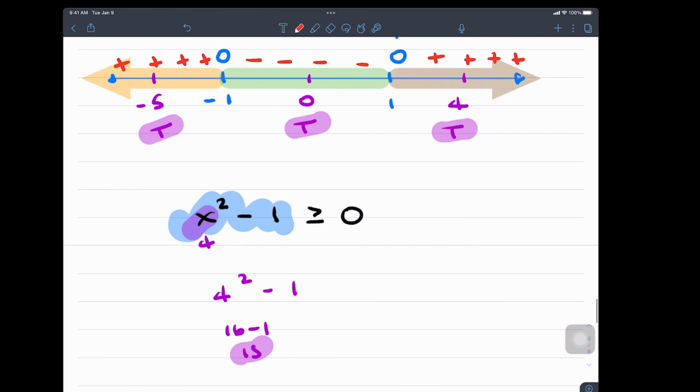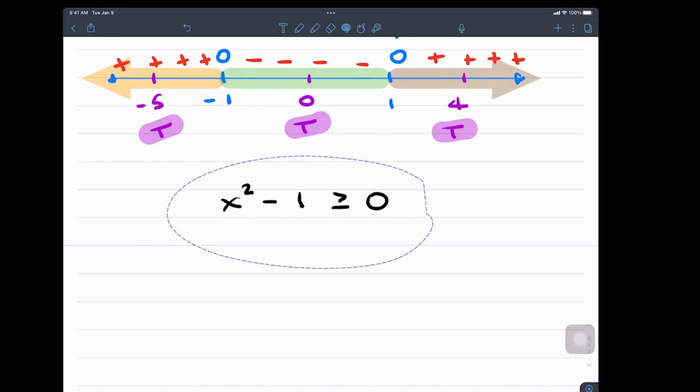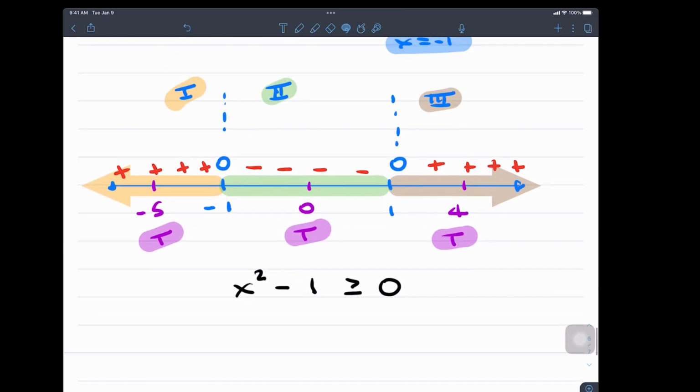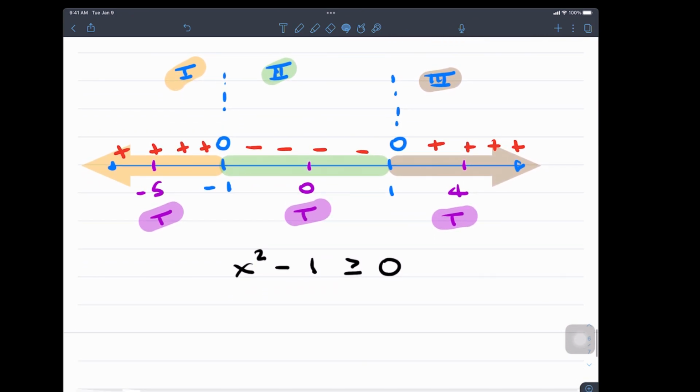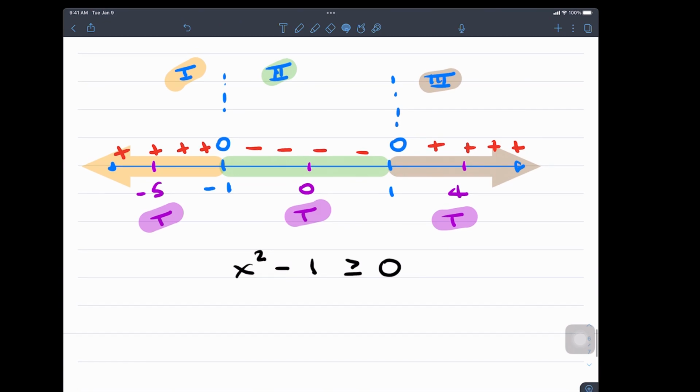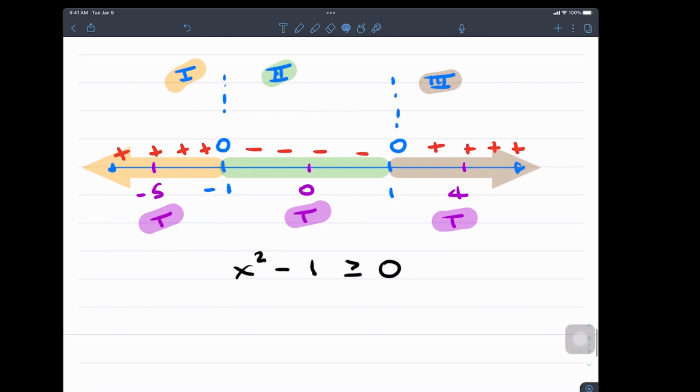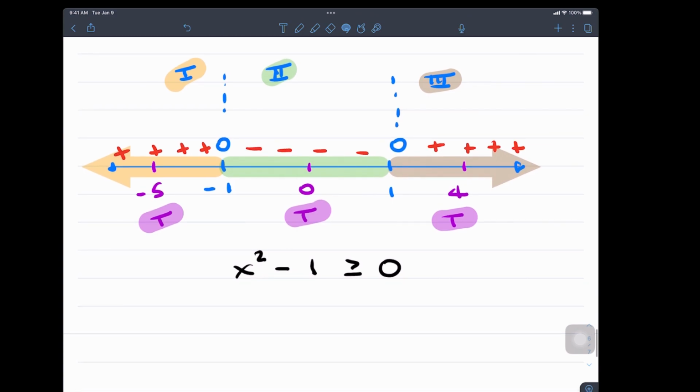Now, how do you answer the question again? How do we answer that? Anybody know? What's the question? Where is this greater than 0, which means positive.